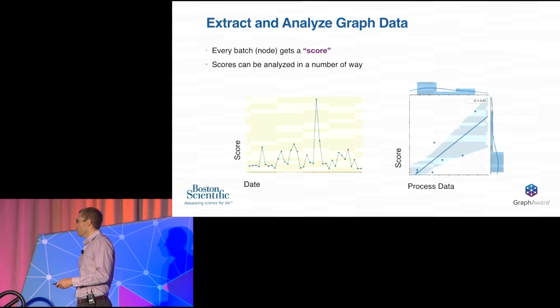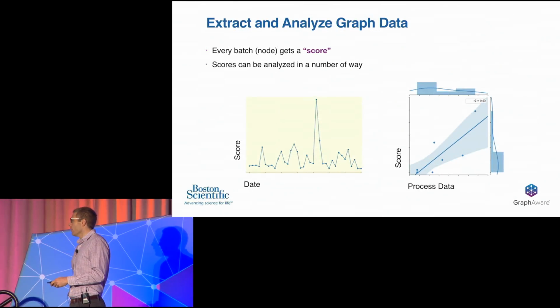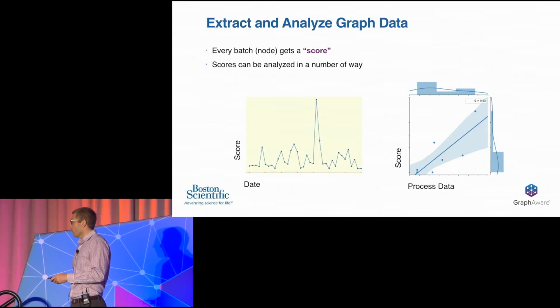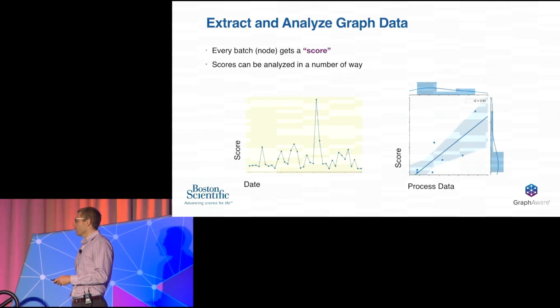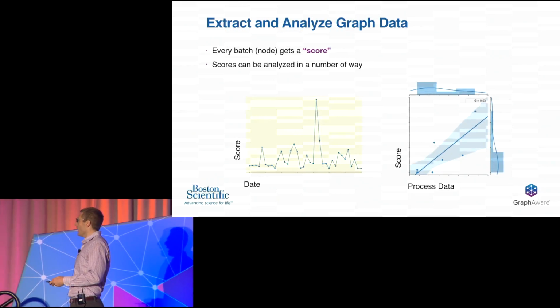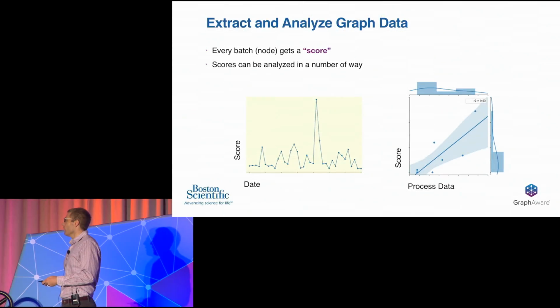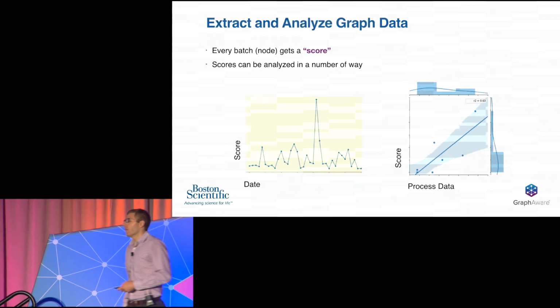So you can see here that type of data. If you look at it on a time frame and you say we have this score that we've calculated in Cypher, extracted out, you can say there's one batch here that seems to be connected. The y-axis here is basically the amount of failures that might be connected. So there's one batch that seems to be connected to a lot of failures. The second highest one ran right after it. So we can start investigating a certain place in time.